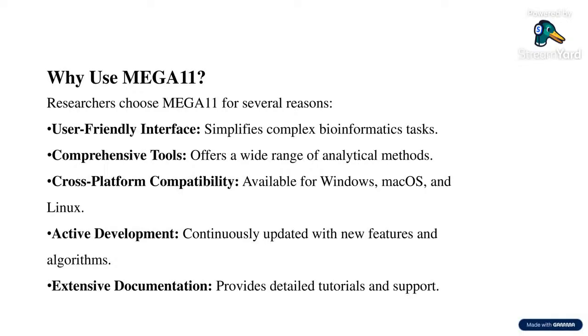For example, a researcher working on chloroplast genes across different angiosperms can use MEGA 11 to analyze the sequences, build trees, and publish high-confidence phylogenies without needing to install multiple tools. It is also under active development, continuously updated with new features and algorithms.